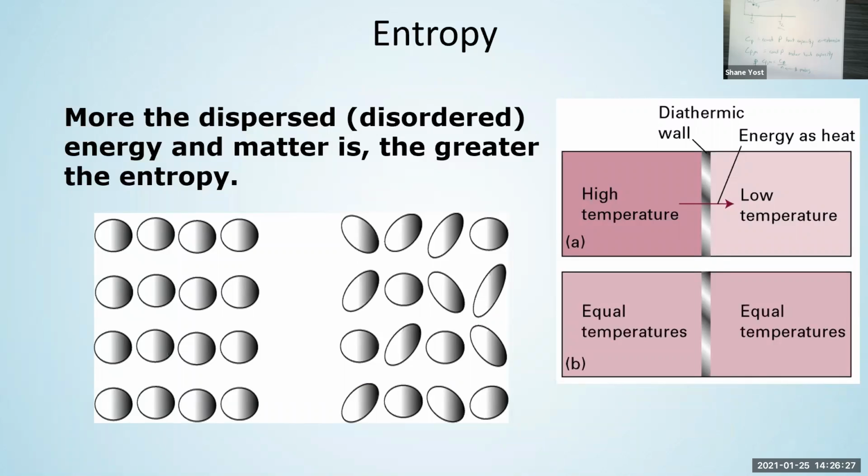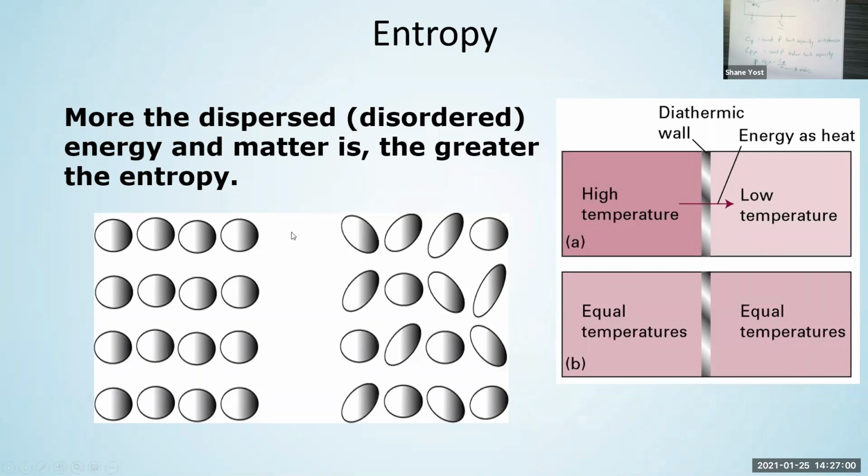So entropy itself is related to spontaneity, and entropy is the measure of the dispersion, the disorder of matter and energy. The more energy is dispersed in your system across all molecules, the more random and chaotic the motions and locations of your molecules are, the greater the entropy is for that system.